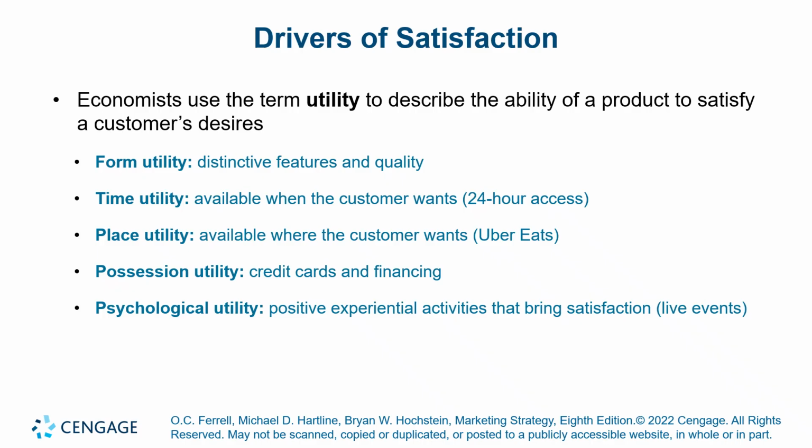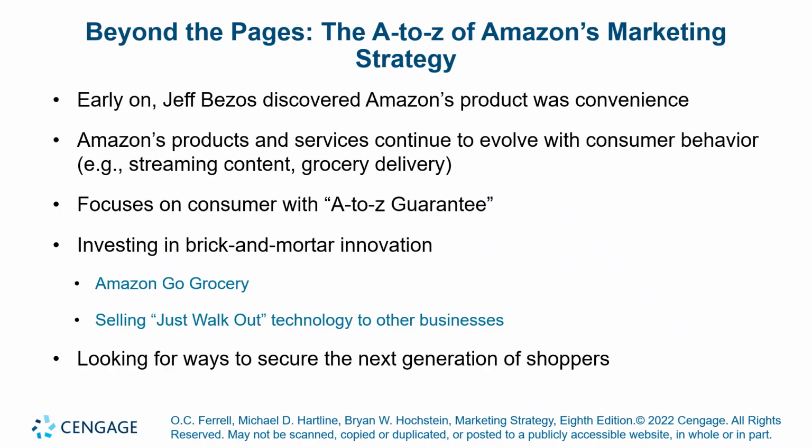Sometimes buying nice things in life gives you lots of excitement or happiness. Positive experiential activities that bring satisfaction, like live events, bring you psychological utility. And these are the abilities of a product to satisfy customers' desires.